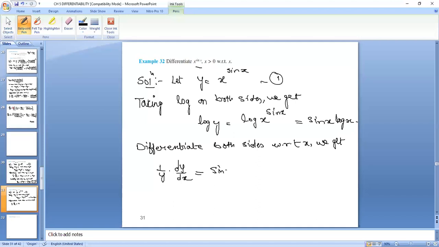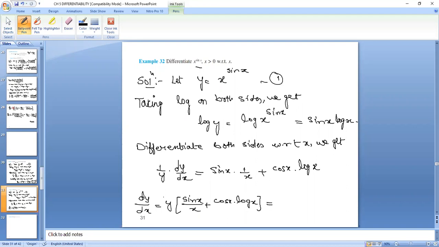Sin x as it is, derivative of log x is 1 upon x, into derivative of sin x is cos x, log x as it is. The next step will be dy by dx is equal to y into sin x upon x plus cos x into log x. From number 1, put the value of y, which will be x raised to power sin x, into sin x upon x plus cos x into log x.